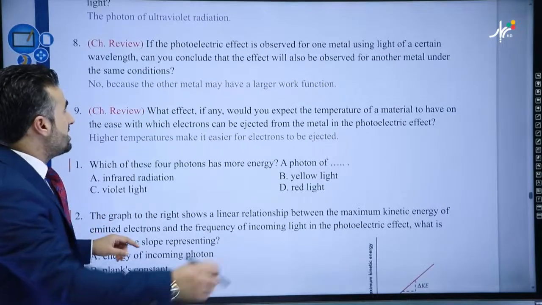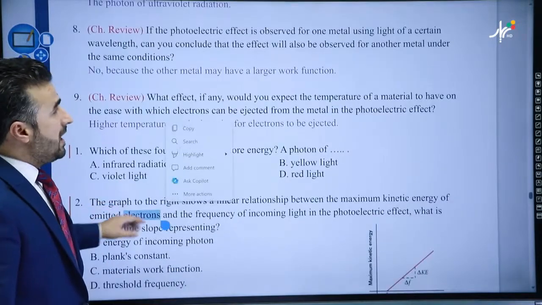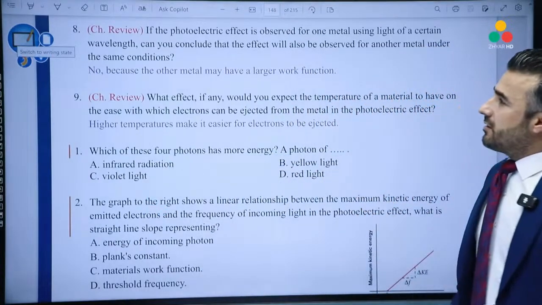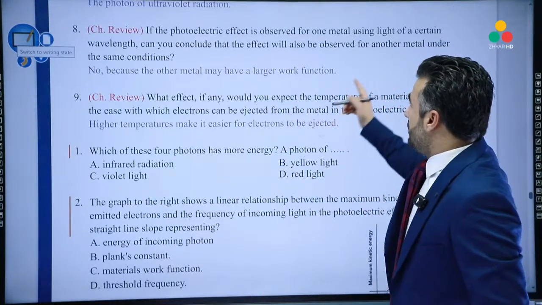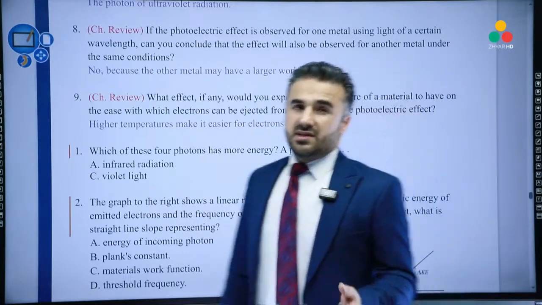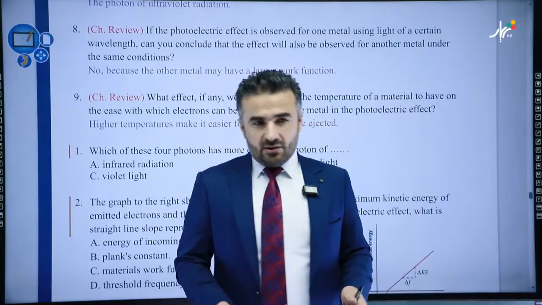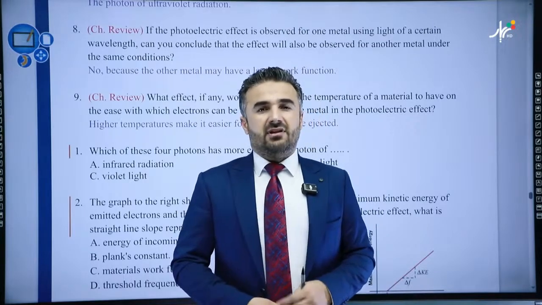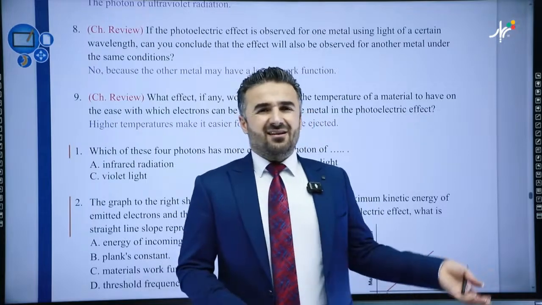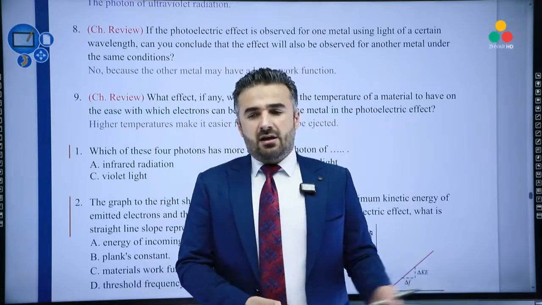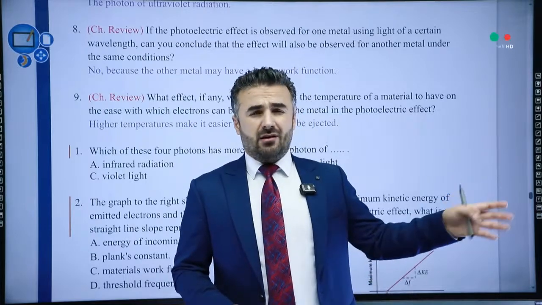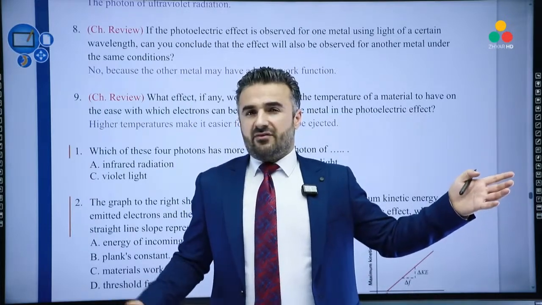Now we have another question. It says, if the photoelectric effect is observed for one metal using the light of a certain wavelength, can you conclude that the effect will also be observed for another metal under the same condition? We'll say no. Why? Because different metals, of course, will have different work functions. So maybe the threshold frequency for the other metal is bigger than the frequency of this incident light.